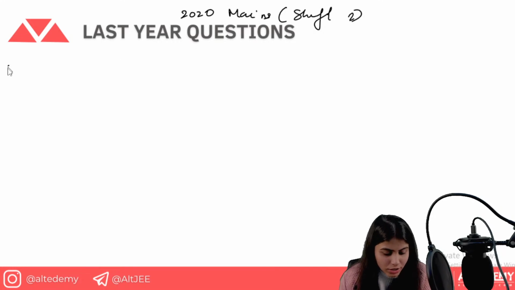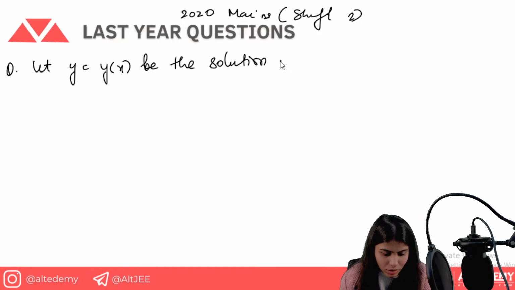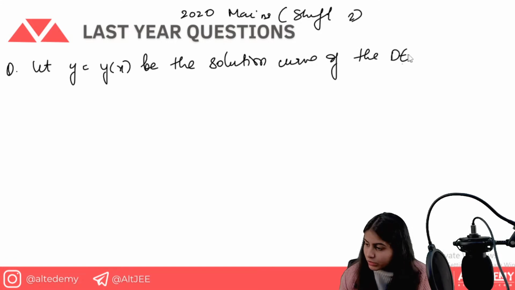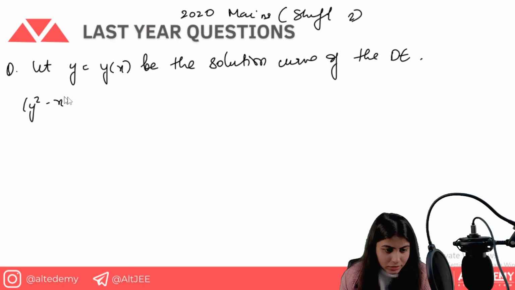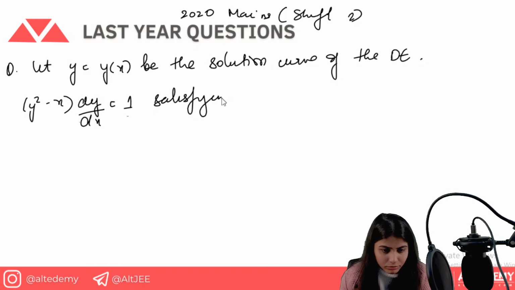The question is: let y equal to y of x be the solution curve of the differential equation y square minus x dy by dx is equal to 1, satisfying y of 0 is equal to 1.